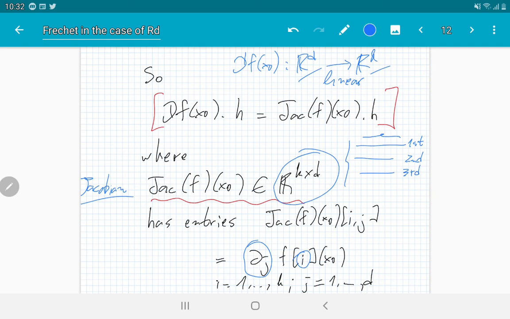And then, of course, we have a generalization. As we noted, differentiability from R^d to R^k is essentially differentiability from R^d to R. So we have a theorem that says that if this Jacobian matrix is defined and continuous over the whole of U, then f is Fréchet differentiable.